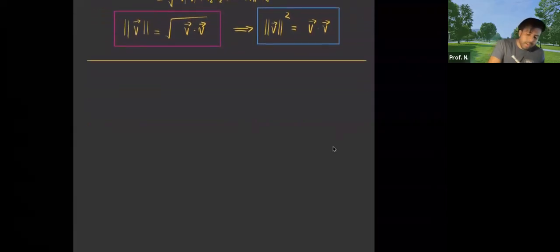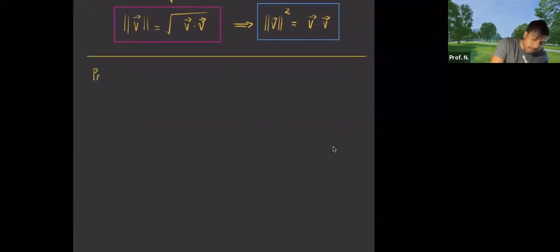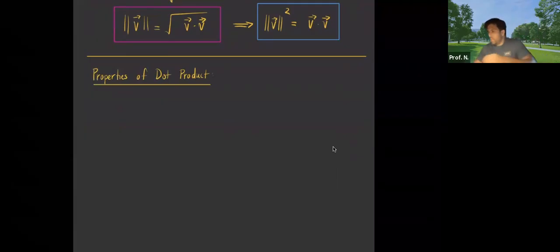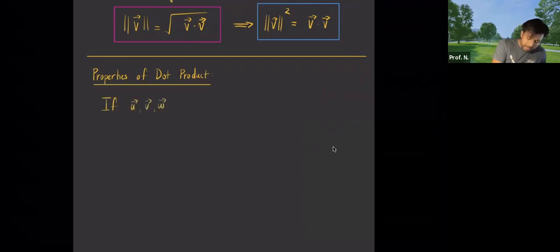So of course we have properties, right? We have properties of the dot product. So if we have the vectors u, v, and w in Rn, and c is a scalar, then we have the following.